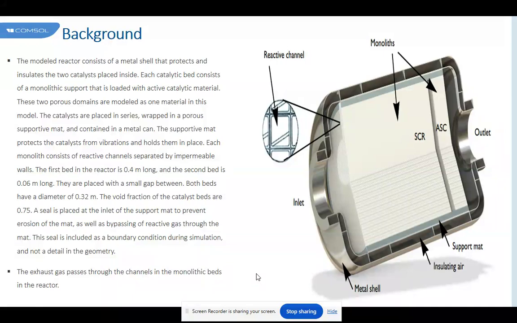Therefore, it may have an impact on the light-off. Due to the many variables involved in this process, analyzing the light-off is beyond the scope of this work, but will be addressed in future simulations.